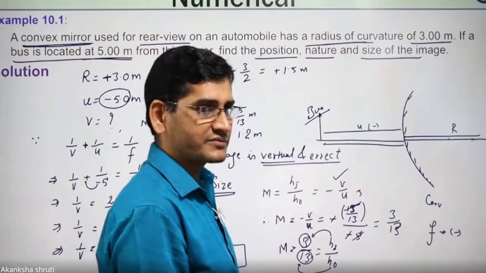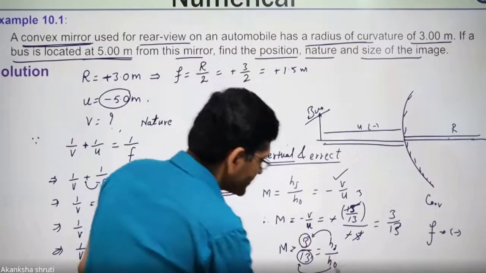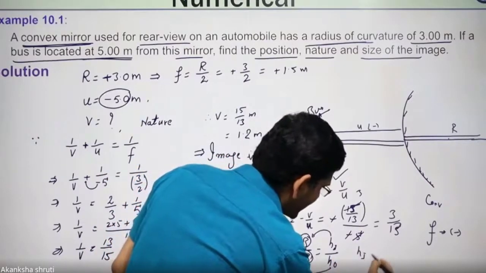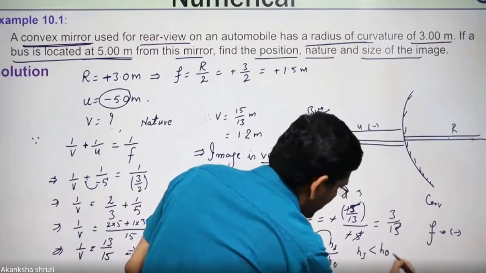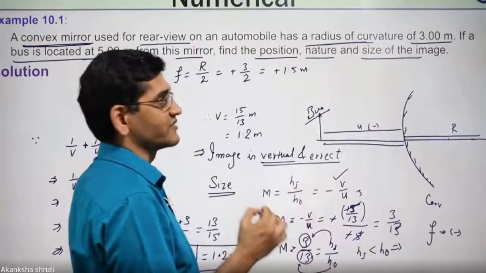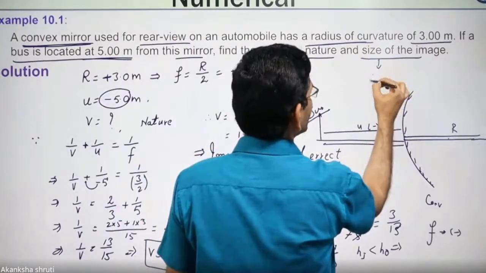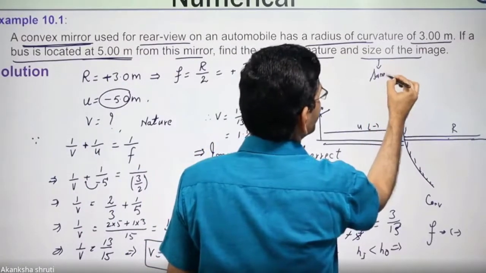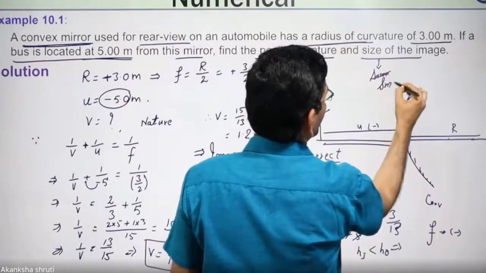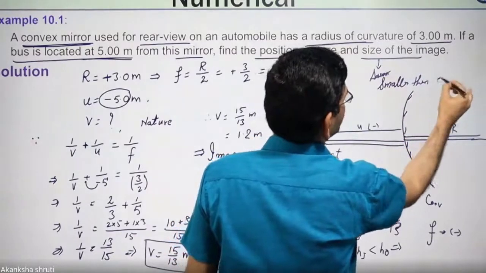It is like this. So this way we are getting that the image size or height of the image is smaller than height of the object. Means it is diminished. So here size of image is smaller than object.